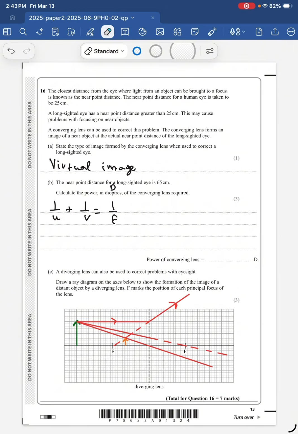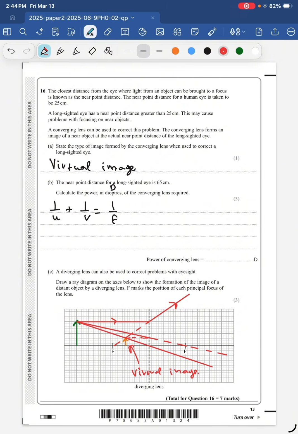If you extend it backwards, it meets the other two lines where the virtual image is. So virtual image. I haven't seen these things in 20 years before going through paper two, not this paper two, the previous one I uploaded in my video.